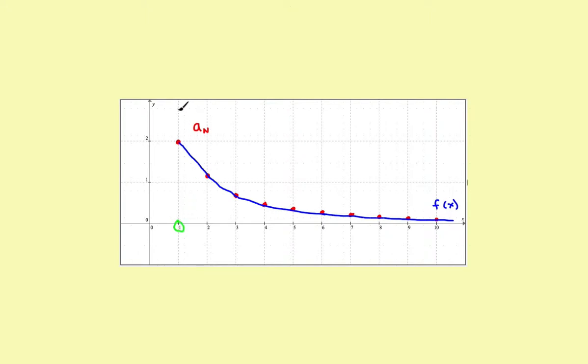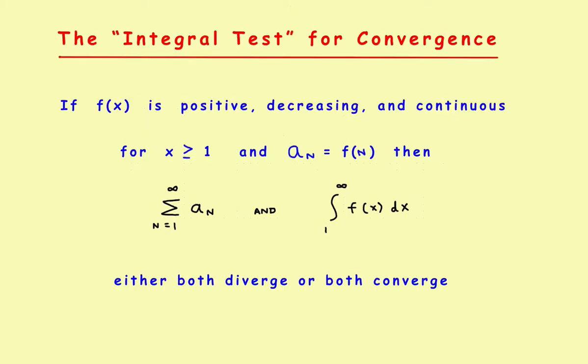I'll draw a line from here to here just to emphasize that I'm only concerned with the x's that are greater than or equal to 1. So I'm only concerned with what happens to the right. Anything that happens over here, I'm not concerned with. And that's what this part is right here.